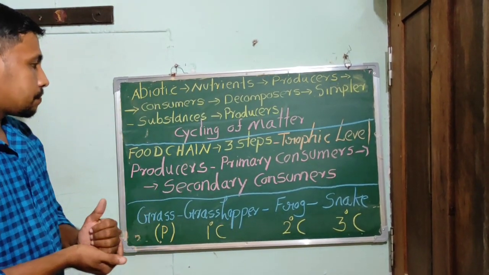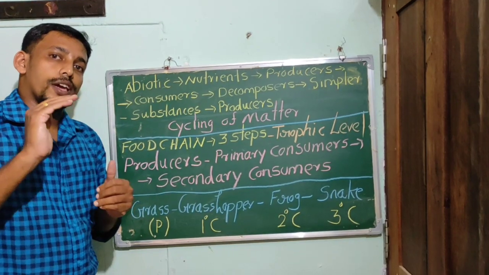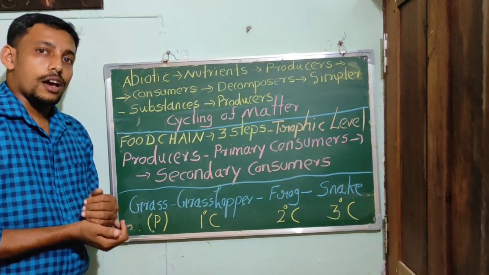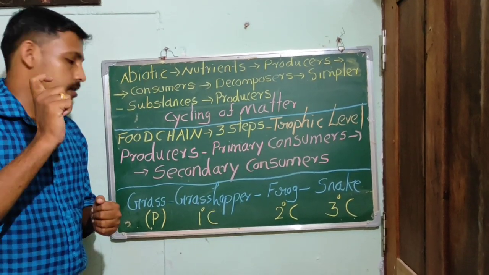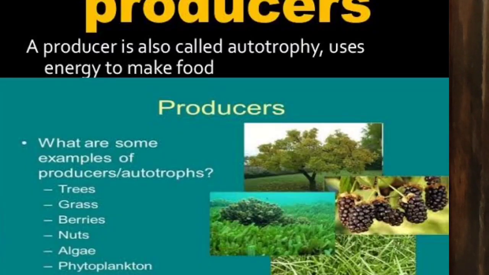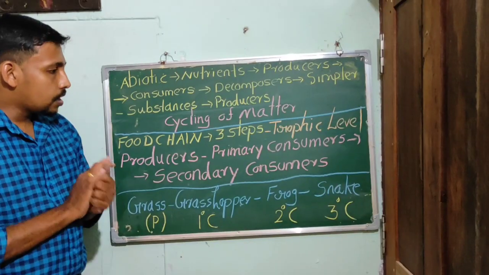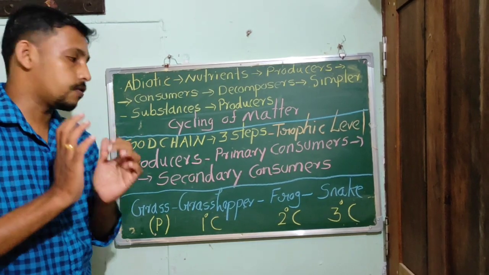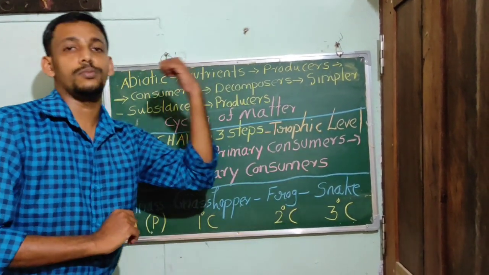In a food chain, we can see that there is a flow of energy. All food chains start with a producer, and there is a flow of energy from the producer through these consumers.